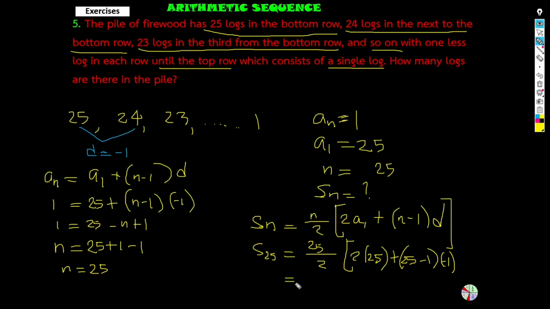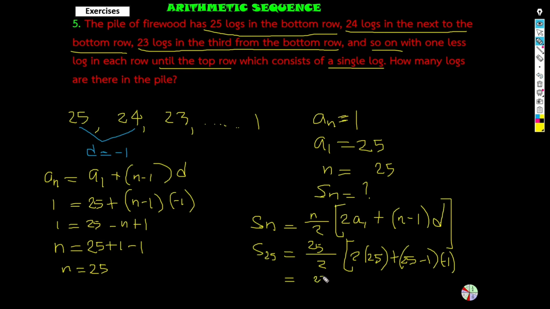So here we cancel 2 and 2. Therefore 25 times 25. Okay, wait, we'll just do it one at a time.